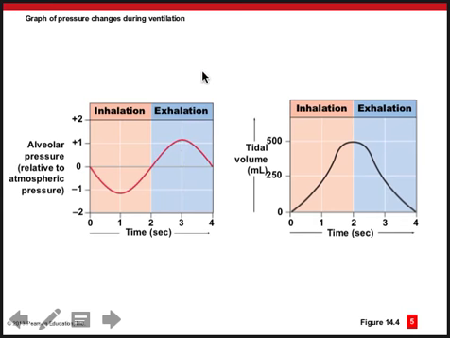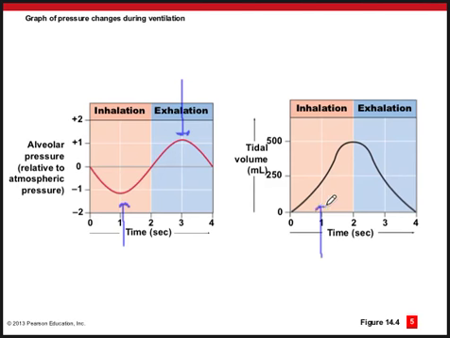So what we need to do here is diagram this out a little bit so we can understand what's going on. Let's do blue for the lowest alveolar pressure and the highest alveolar pressure, which are at 1 and 3 seconds respectively. And then let's diagram here where that is.